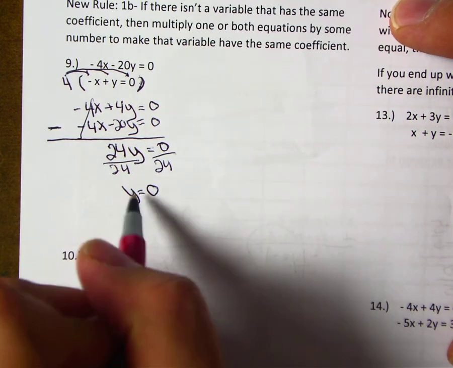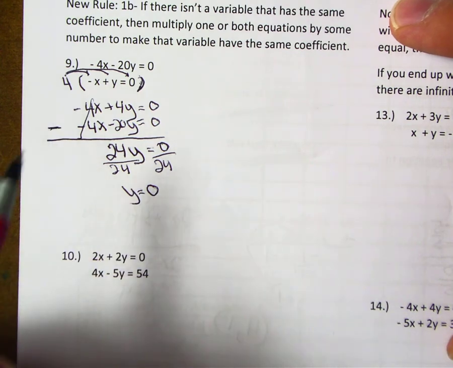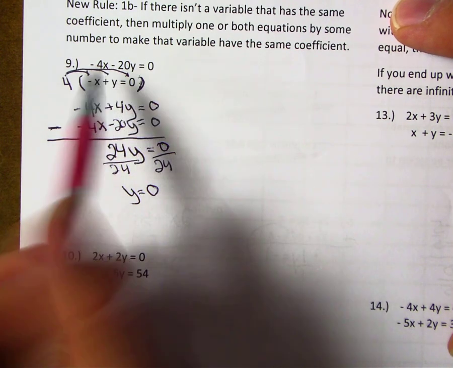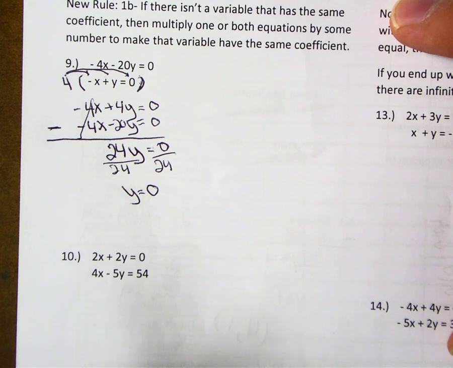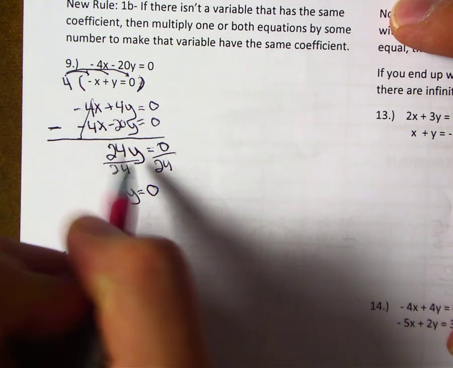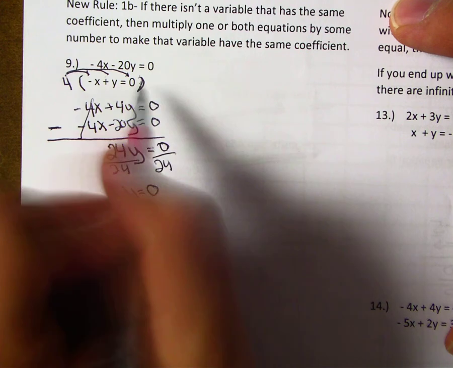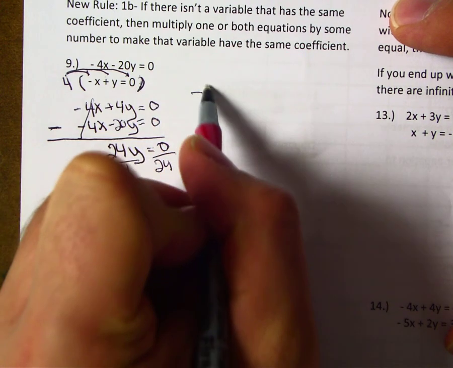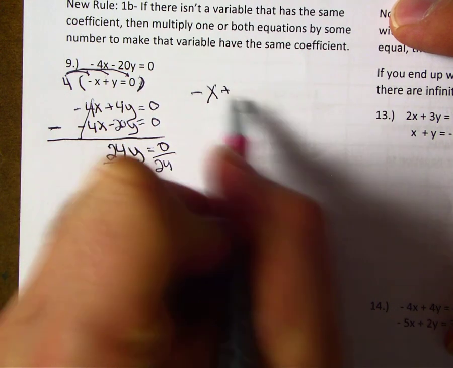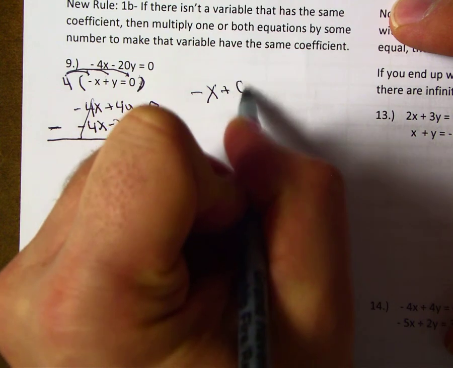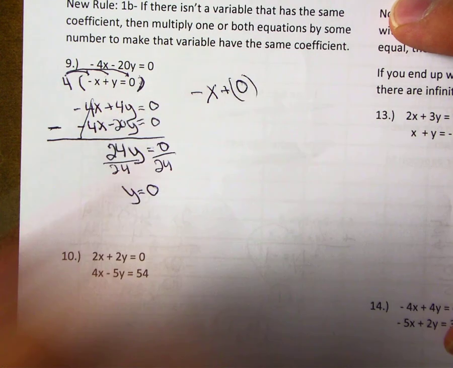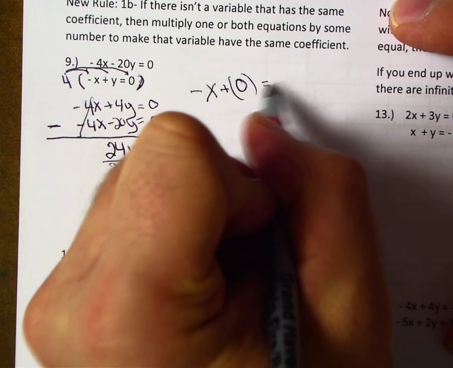Now we take that 0 and we plug it back in for y into one of these 2 equations up here. I always try to take the easiest one, so let's take the bottom one. So I'm going to take negative x plus, not y, but 0, put it in parentheses so you know that I substituted it in, equals 0.